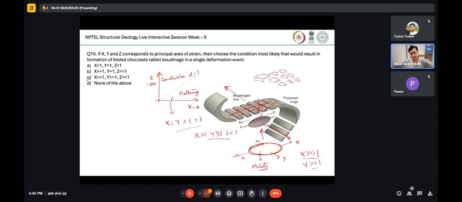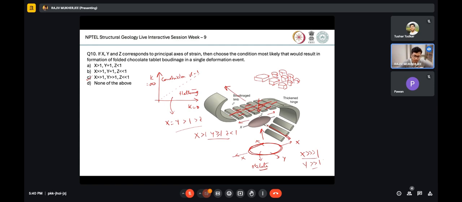I don't know why they call it chocolate tablet, but anyway, this is how the strain ellipse condition would satisfy the formation of a folded chocolate tablet boudinage.